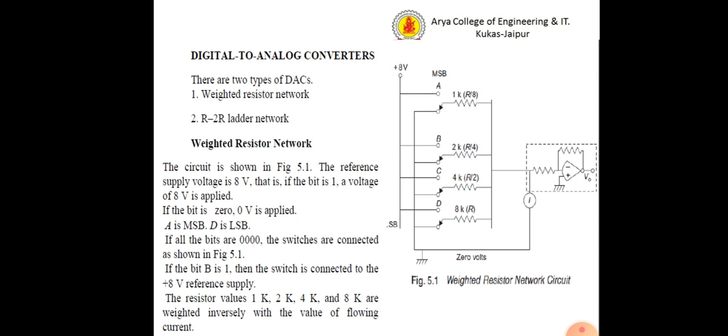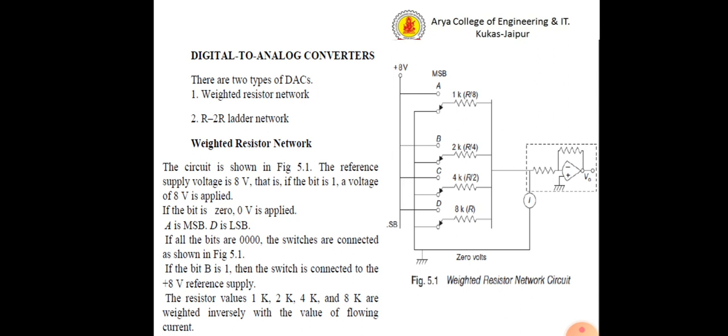The resistor values are 1K, 2K, 4K and 8K, that is, they are weighted inversely with the value of the current flowing through them. A is the most significant bit, and if A is 1, it corresponds to 8 in the decimal number, or the current is maximum.